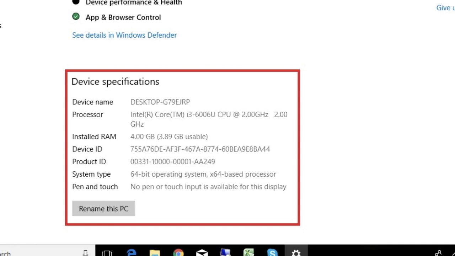The system we are showing in this view, I picked it online. So that's how you look at the speed. 2.00 gigahertz stands for the speed of the processor, how fast the processor can process information.